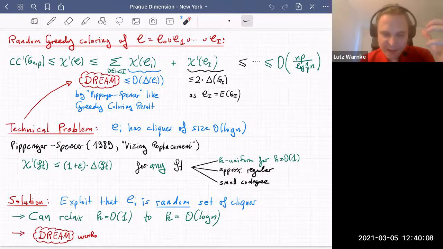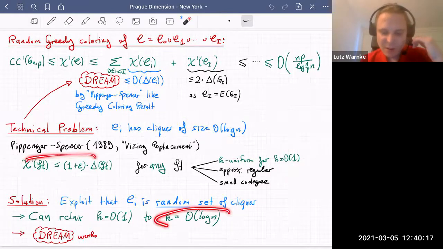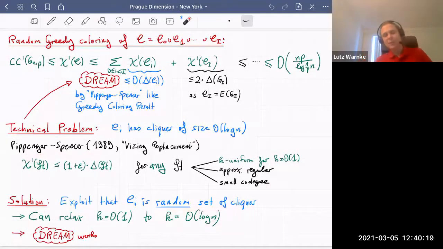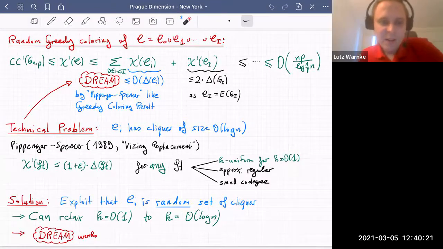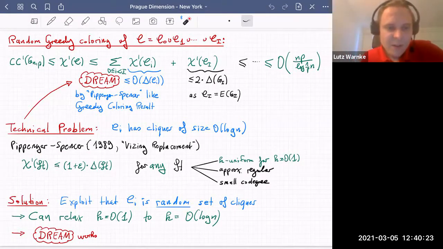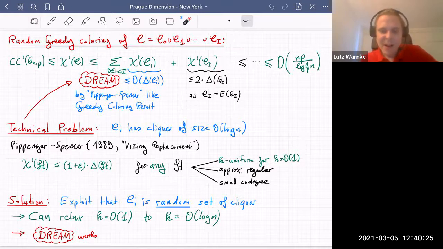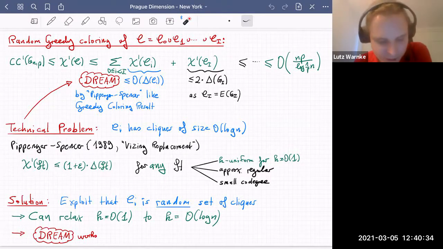We use the fact that we generate the set C_I at random in order, in the end, to relax the assumption that k is constant in this result, to allow for cliques of size log n. And so that's how we get around this technical problem, by saying we don't have to prove something for any hypergraph H, but only for these hypergraphs which come from a certain random construction, and then we're in business.